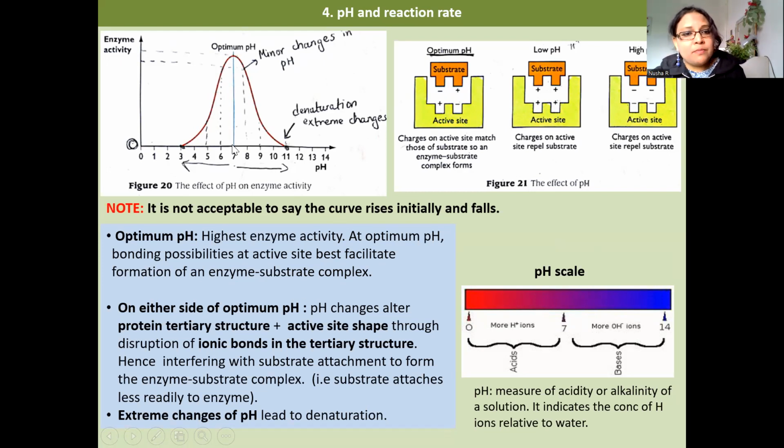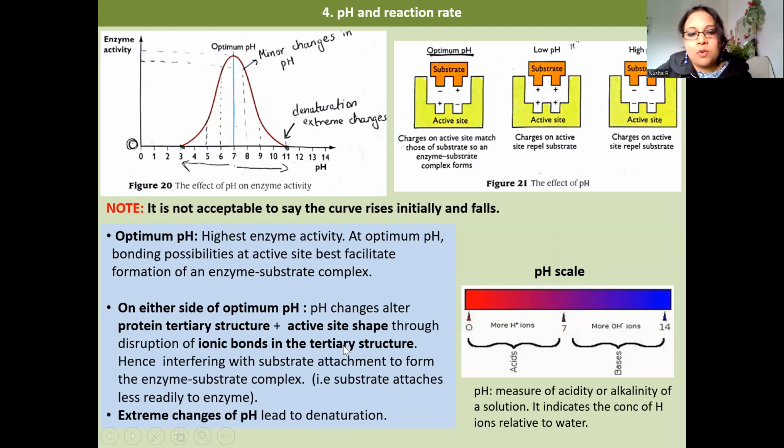So what happens as we move away from the optimum pH? If we move slightly away, we can see there's a decrease in enzyme activity on either side of the optimum pH. Why? It's because the pH alters the protein tertiary structure and the active site shape. And how it does that is by disruption of ionic bonds in the tertiary structure.